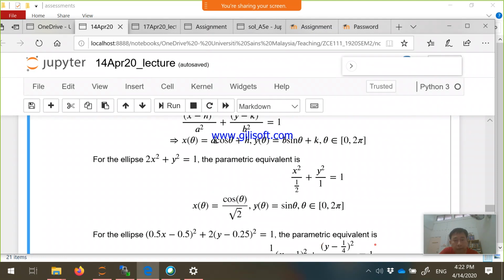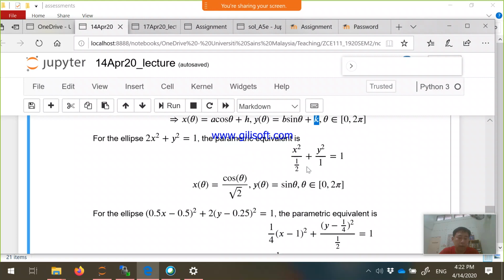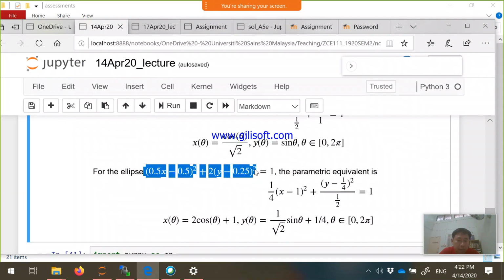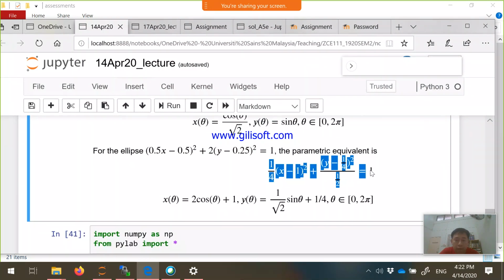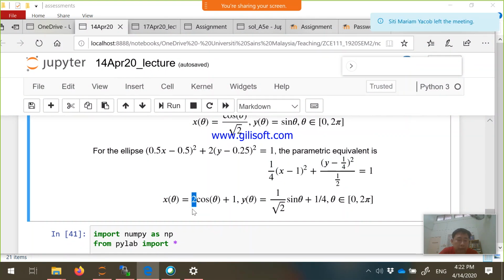So this is just a special case of this type. You have to find out the values of a and b and the values of h and k for the parametric equation. Now for this ellipse, once you cast this into this form, you can easily identify the a for the x coordinate in the parametric equations is 2, and this is h. And for the y coordinate, the b is 1 over square root of 2.